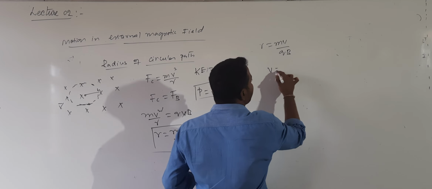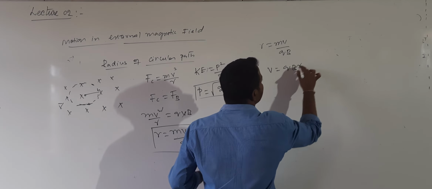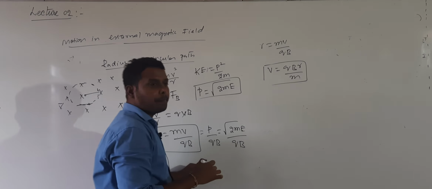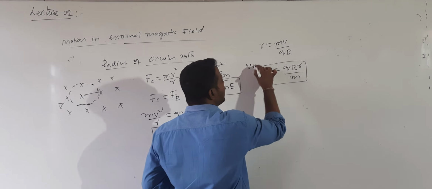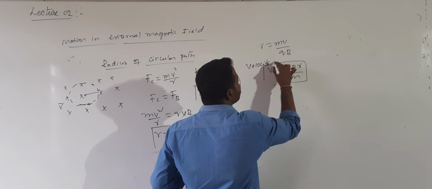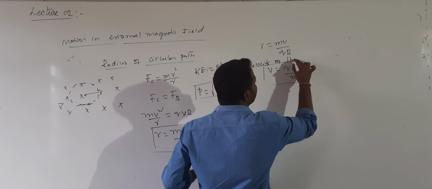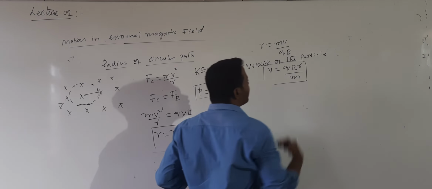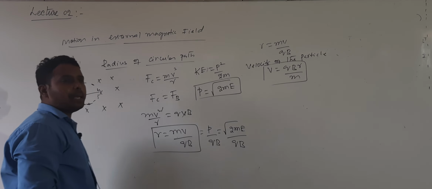From this, what happens to v? It is q into B into r divided by m. This is the expression for velocity. With what velocity will the particle move in a circular path? Given by qBr by m.